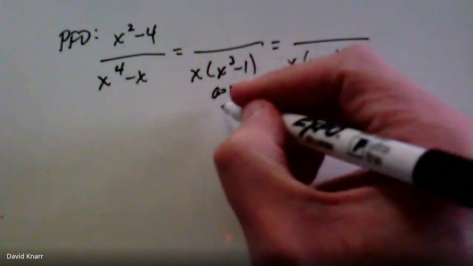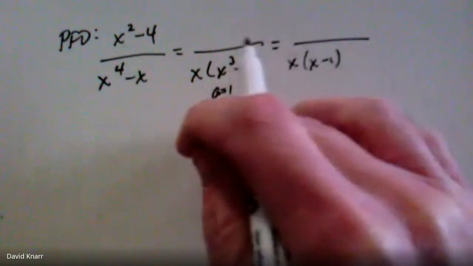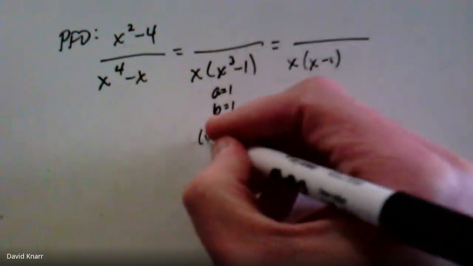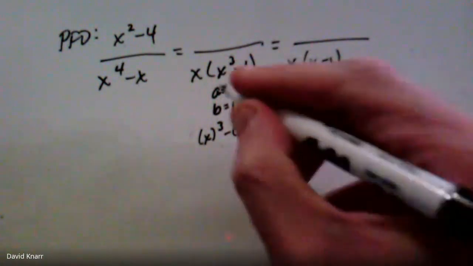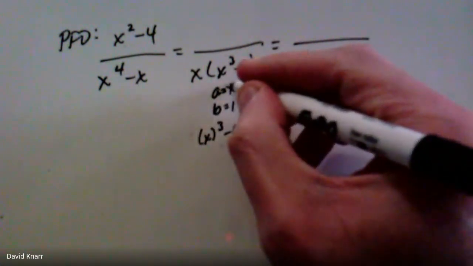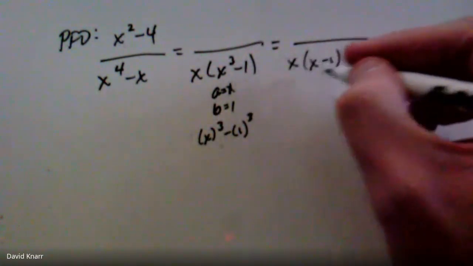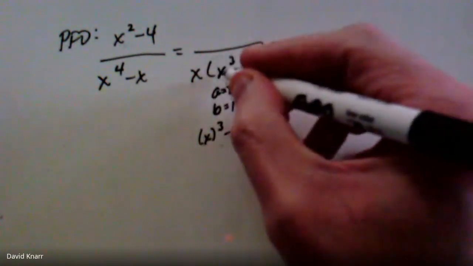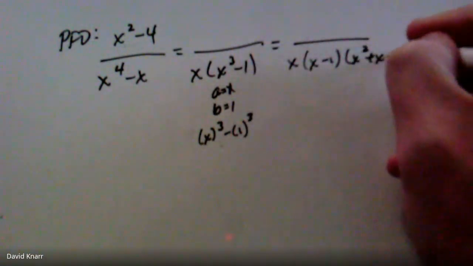The A is really x, and the B is 1, because this is x being cubed, and then 1 being cubed. So I'll get x from here. Then x cubed minus 1 will factor as (x minus 1)(x squared plus x plus 1).